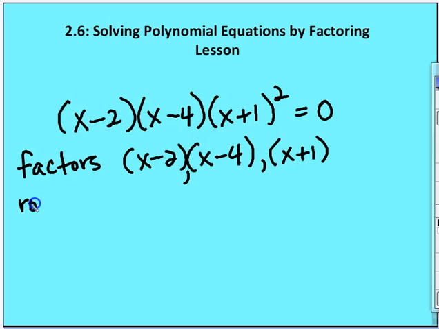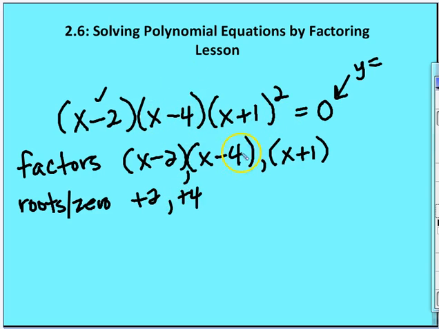The roots or zeros are going to be the values of x that make y equal to 0. We've already set the equation equal to 0, so the roots or zeros are going to be positive 2, positive 4, and negative 1.